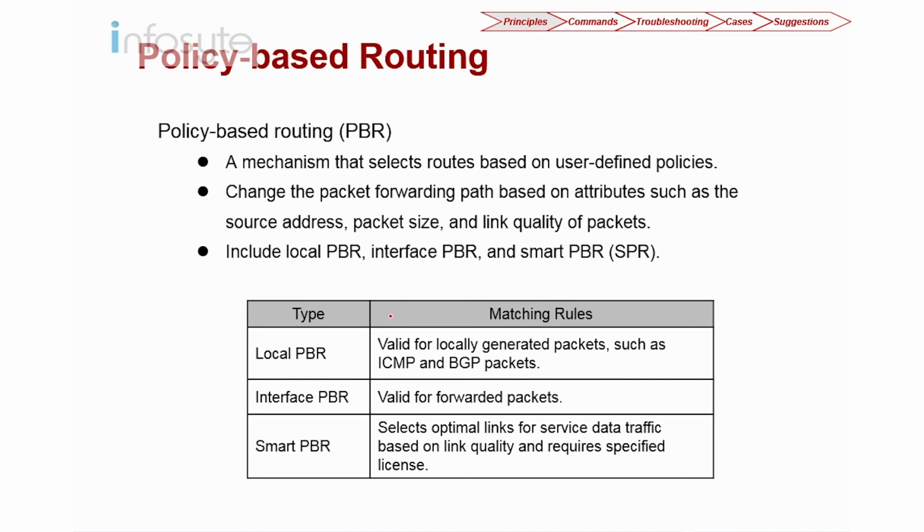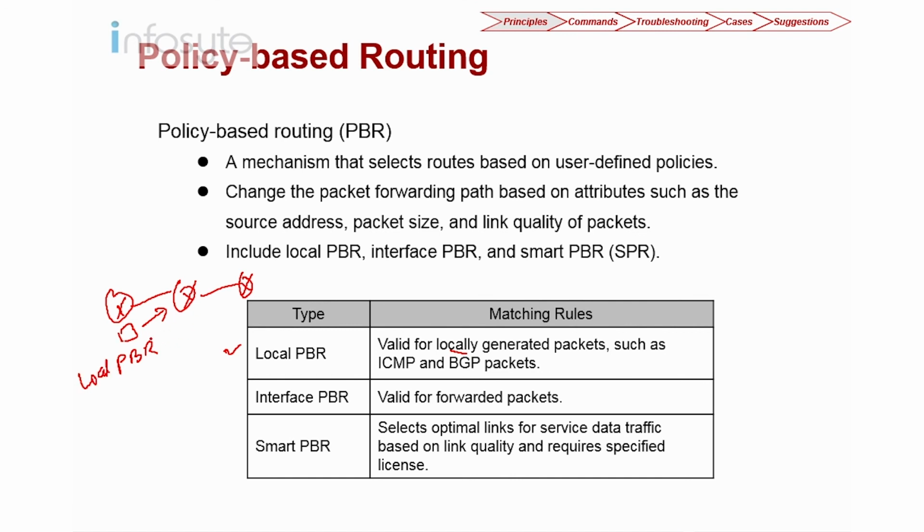Now there are three types of policy-based route. First, we have a local PBR. It means that the packet must be generated locally. Assuming that I have three routers here, and this is the router that actually generates the packet, then I can use a local PBR.